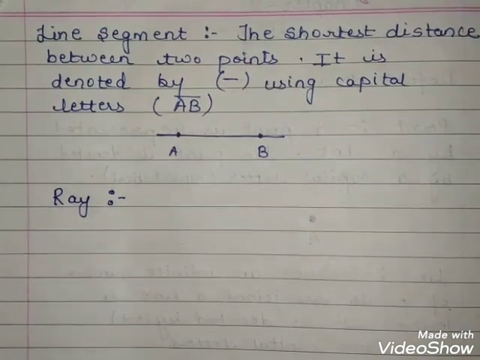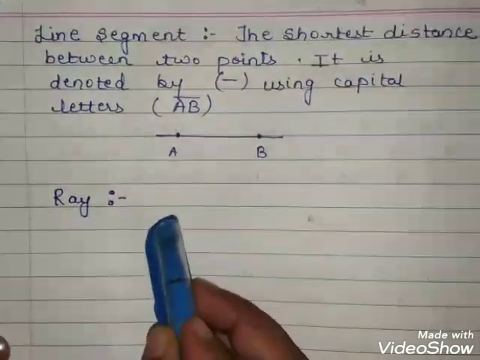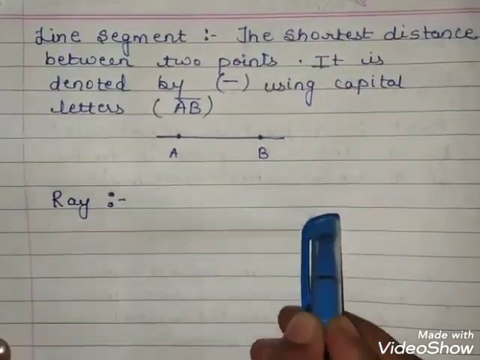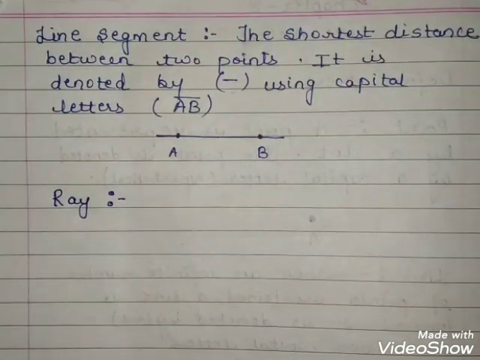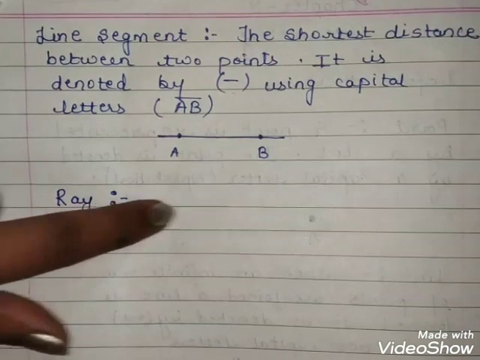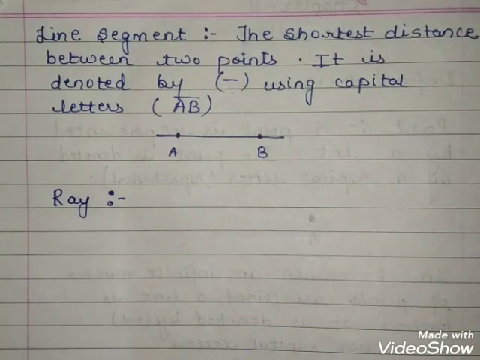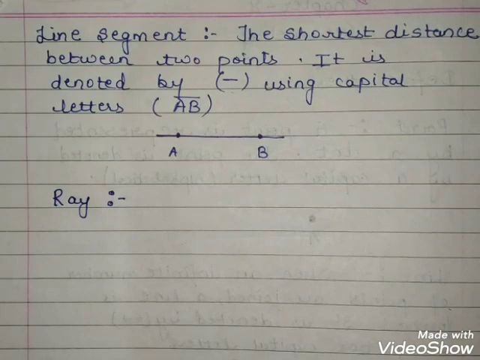A ray has a starting point but no end point. ये एक ही तरफ से स्टार्ट होना शुरू करती है और जिस तरफ ये चलती जाती है उसी तरफ इसकी लेंथ बढ़ती जाती है, राइट? It moves in one direction and then it does not have a definite length, right?